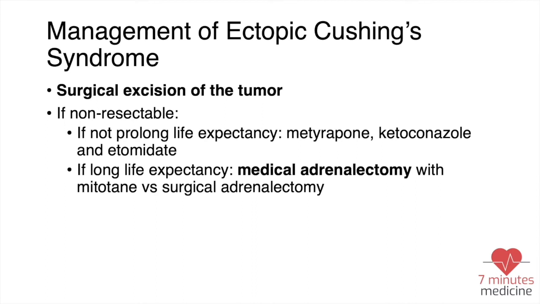If you suspect that the patient does not have a long life expectancy, then you can give palliative management with Metyrapone, Ketoconazole, and etomidate. But if you suspect after talking to the patient, the family, and the oncologist, the patient might have a very good chance to live a longer time, then you have to think about adrenalectomy.